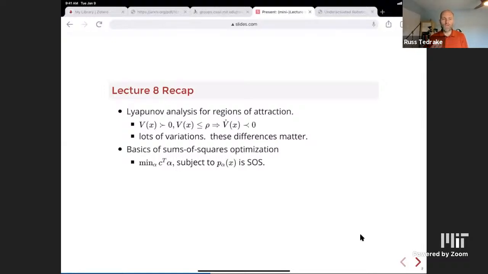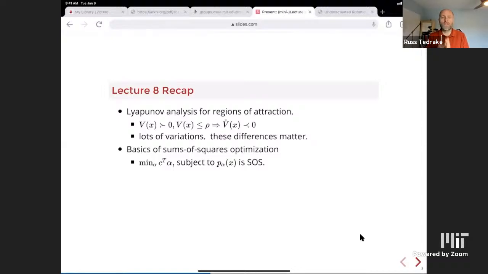When I was rewatching the lecture, the most important thing I hoped would land is that even though you're doing something clever over polynomials, the optimization is still linear in the decision variables. Those constraints are linear in the decision variables. What makes or breaks what you can do is if you ever get decision variables multiplied together, then that's no longer a convex constraint.